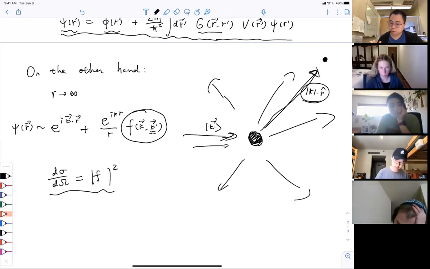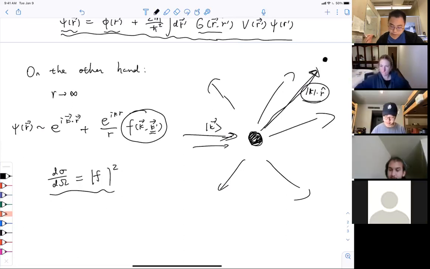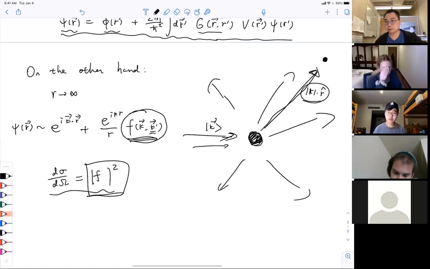And that's what we measure in experiment. Therefore, to match our theory with experimental results, the quantity we need to calculate is this cross section, basically this f function.